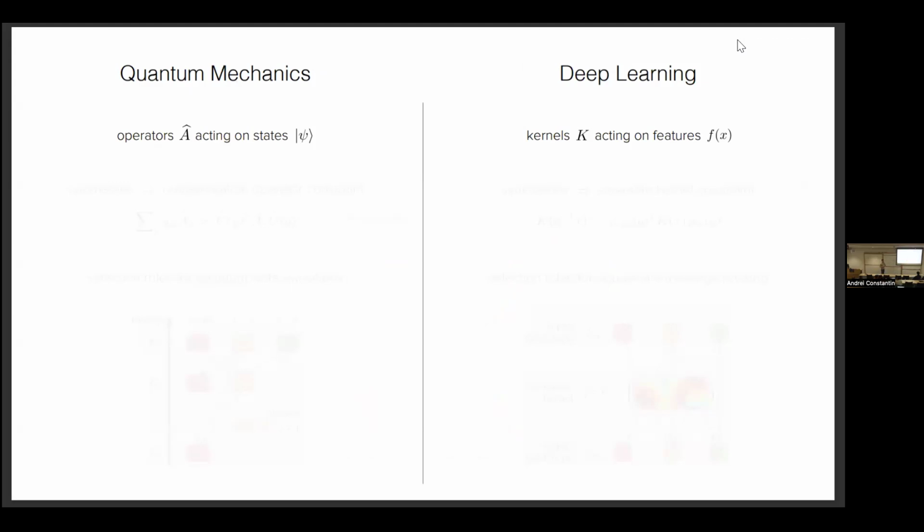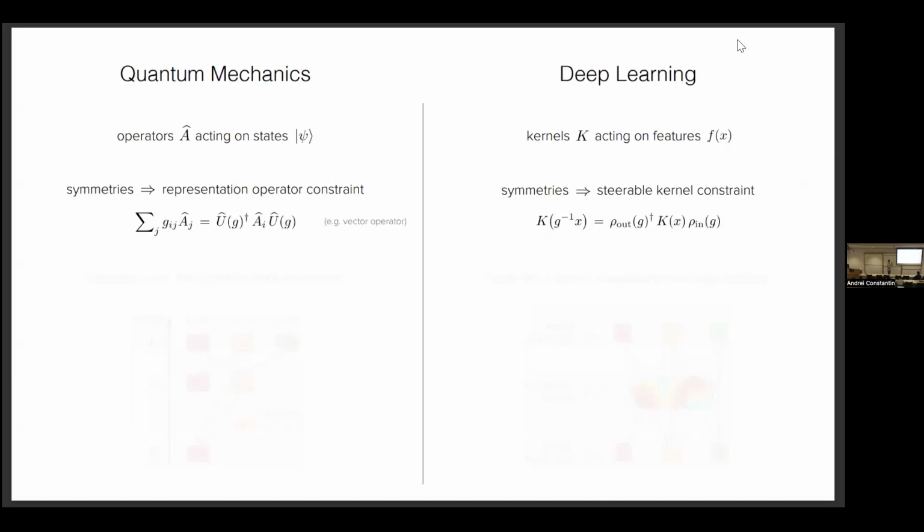Right, so you were asking about the general solution, and that we found by looking at some analogies between quantum mechanics and deep learning. The first observation you can make is that in quantum mechanics you have quantum operators which act on states, while in deep learning you have these kernels acting on features. And both need to satisfy these constraints. In our case, we have this steerability constraint on kernels. And in quantum mechanics, the analog is this so-called representation operator constraint.